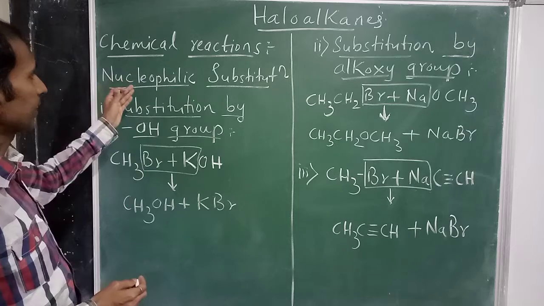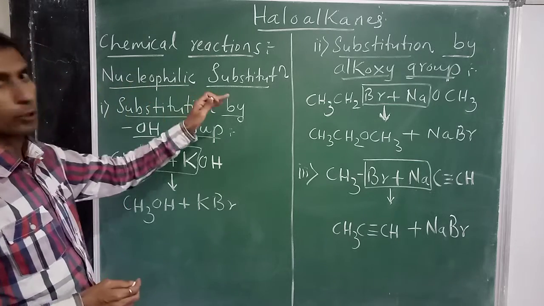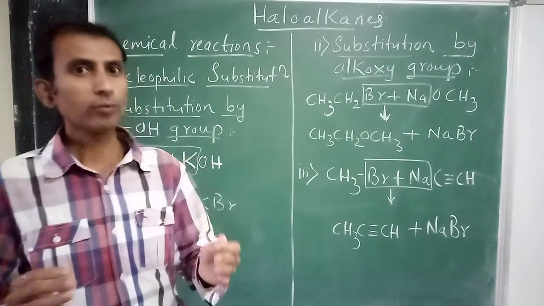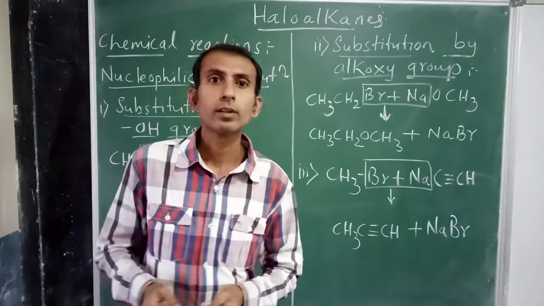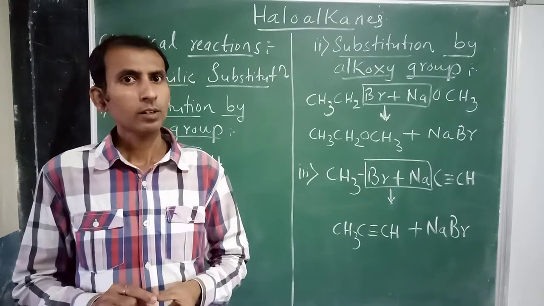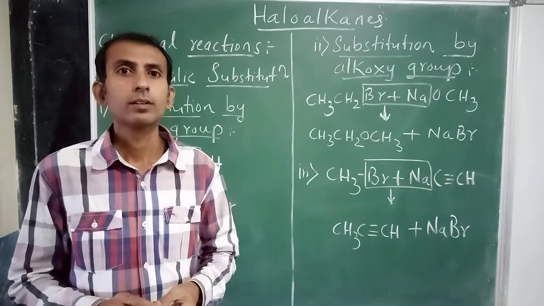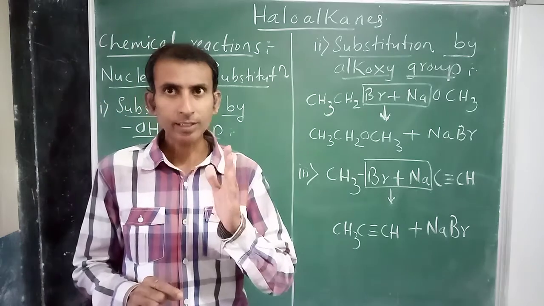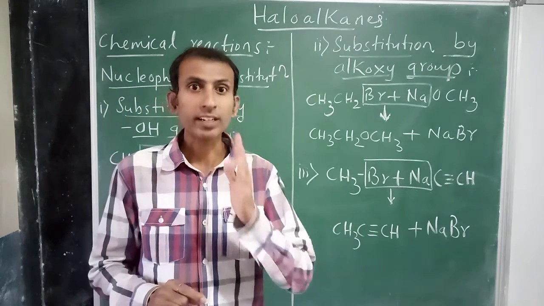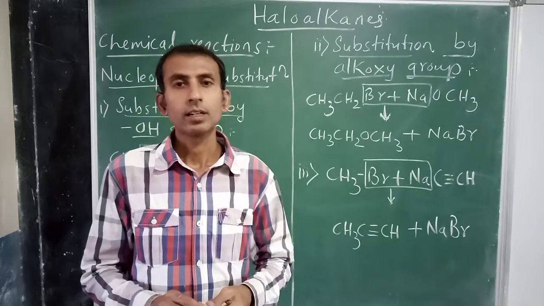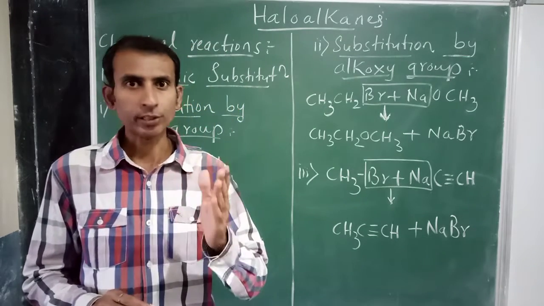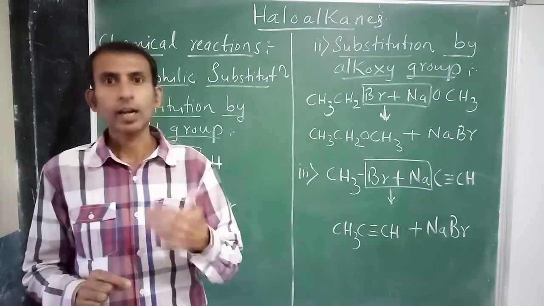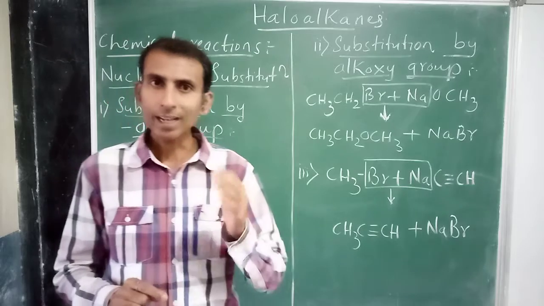In that, the first category is nucleophilic substitution reaction. Now let us understand what is nucleophilic substitution reaction. In haloalkane, the nucleophile, that means the negative part, the electron rich part, is the halogen: bromine, chlorine, fluorine, iodine.